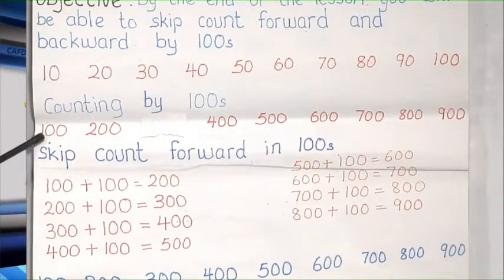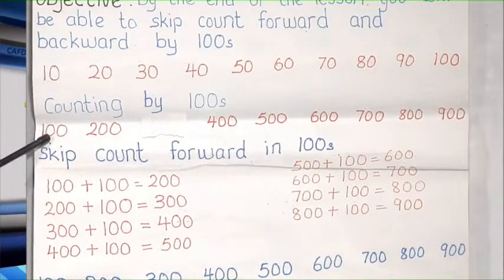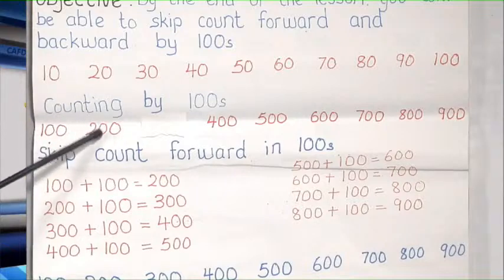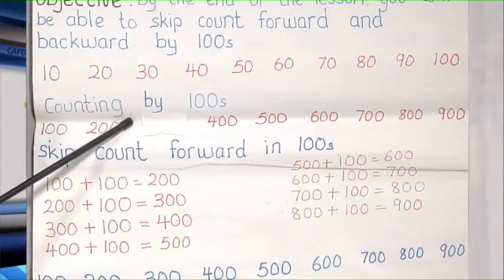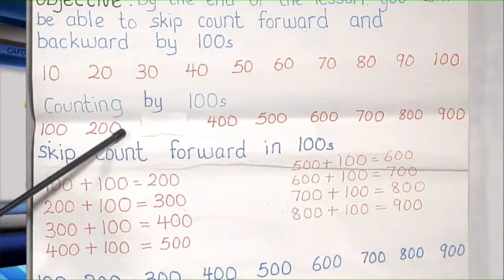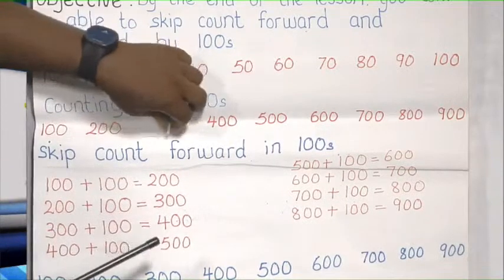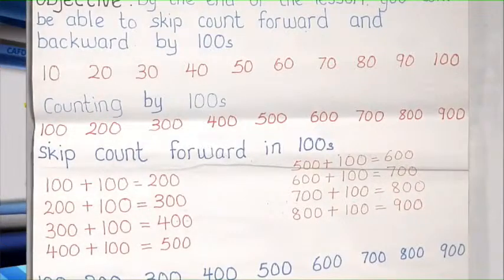Look at this one. This one was 100. And now the second one is 200. So it tells us that the third one will be what? 300. So that is it.